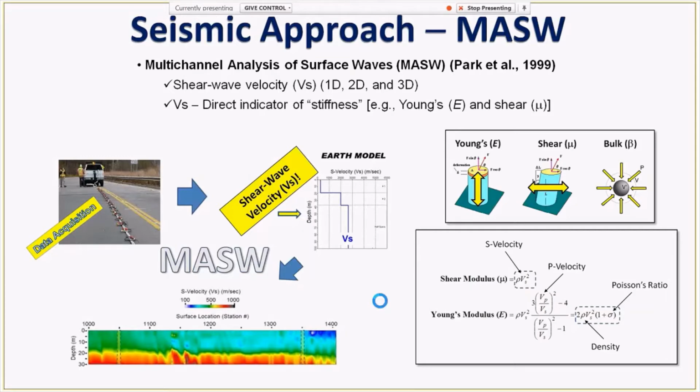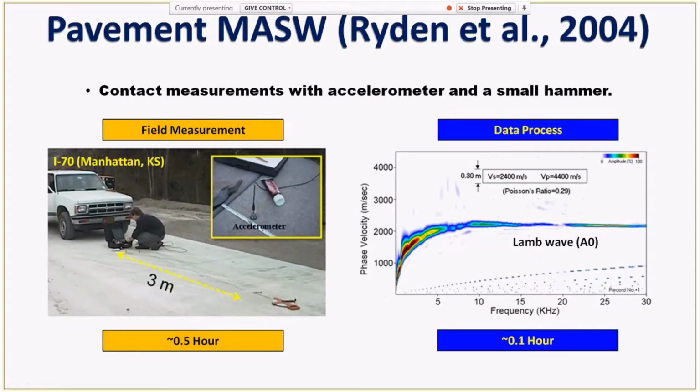And then in the early 2000s, Dr. Ryden first applied the MASW approach to pavement for the evaluation of shear wave velocity or stiffness and thickness.